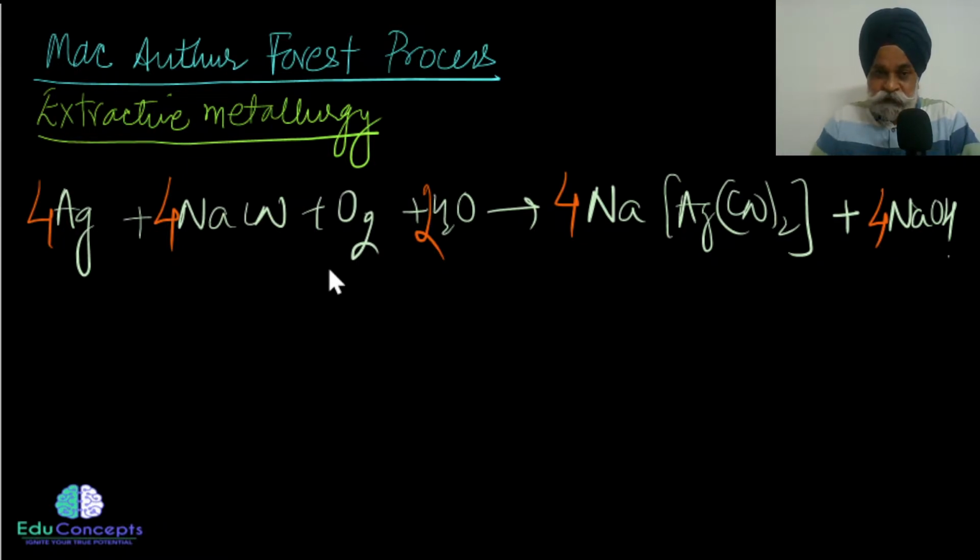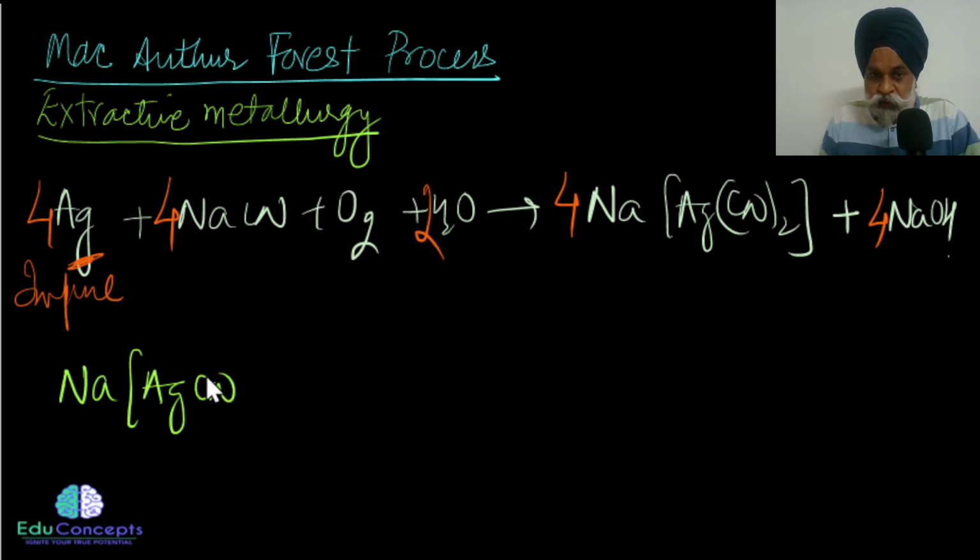Impure silver is treated with sodium cyanide, and the pure form of silver goes into the complex as this water soluble complex, and then it is treated with zinc.